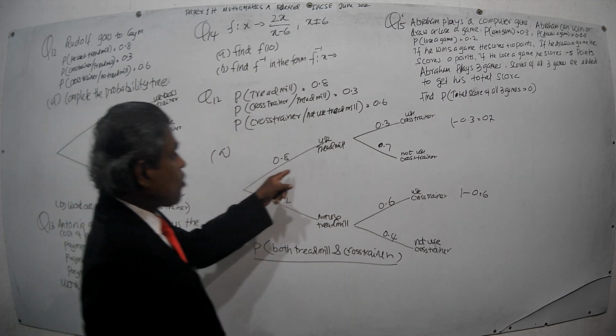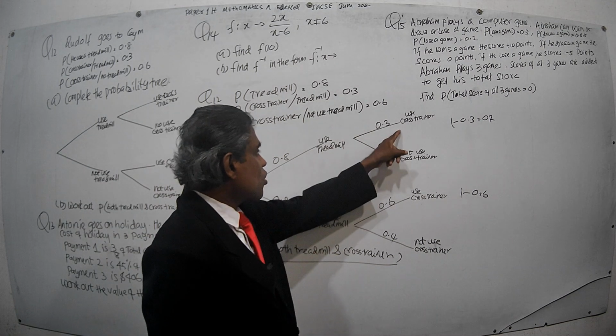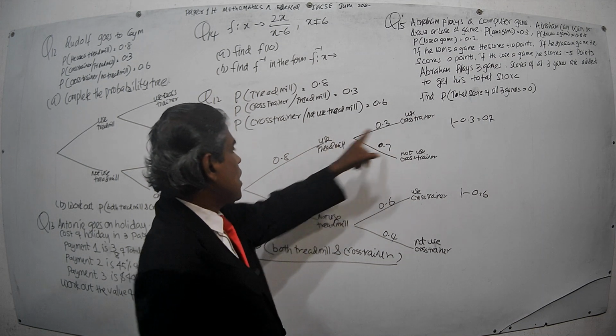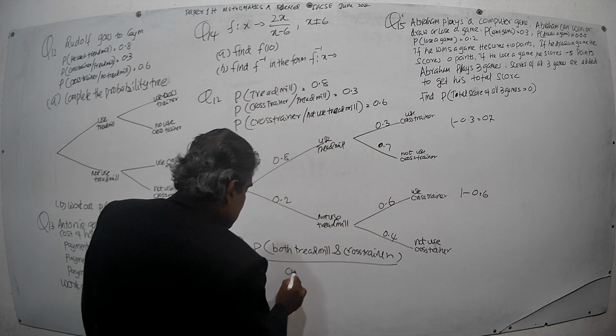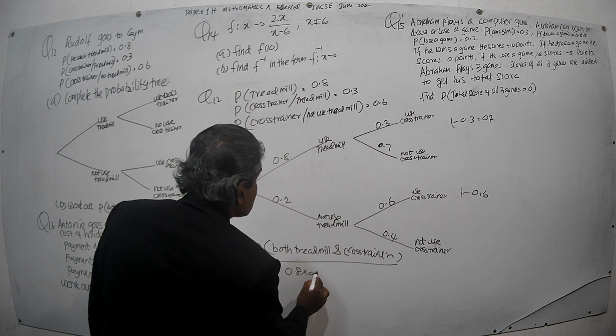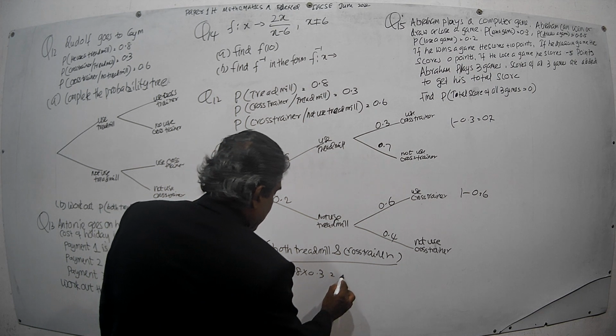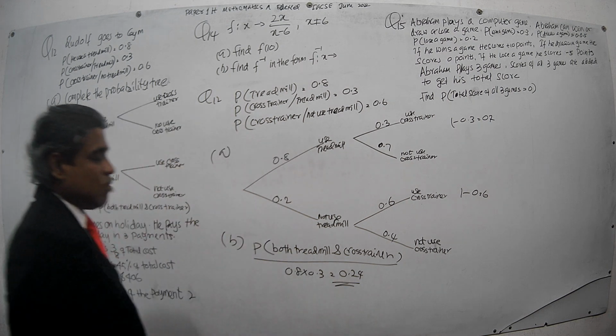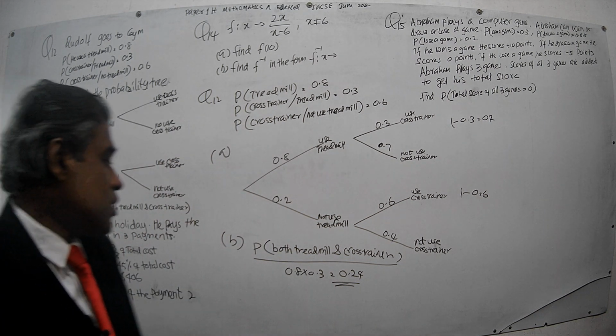Both treadmill and cross trainer means you use the treadmill and use the cross trainer. Then the probabilities on the branches are multiplied. So 0.8 times 0.3 gives 0.24. This is the answer. 3 times 8 is 24.